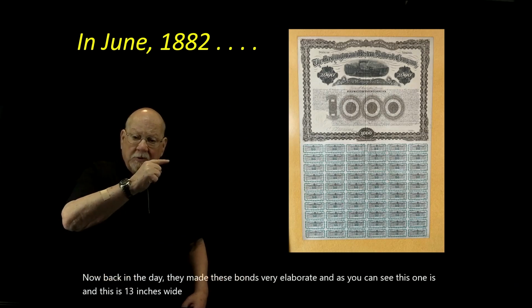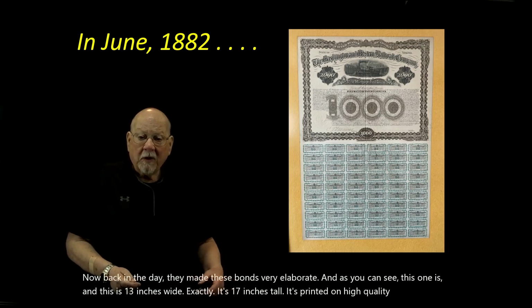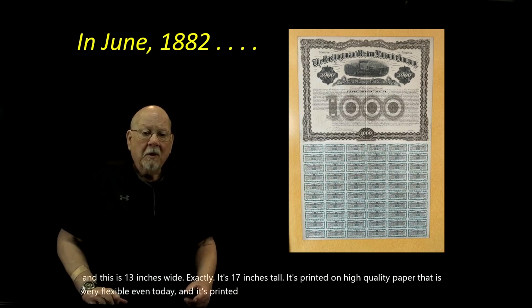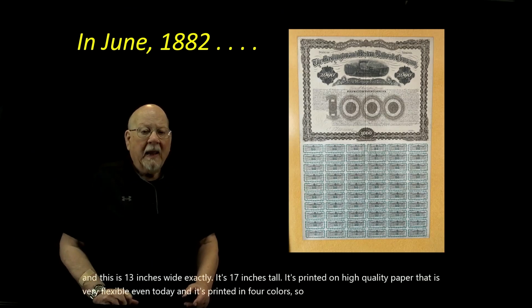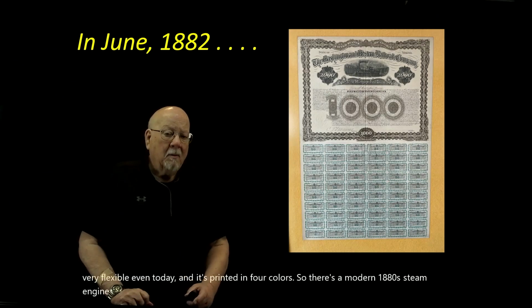It's 17 inches tall. It's printed on high-quality paper that is very flexible even today, and it's printed in 4 colors. So there's a modern 1880s steam engine pictured in the top of the bond, and that's printed in black.